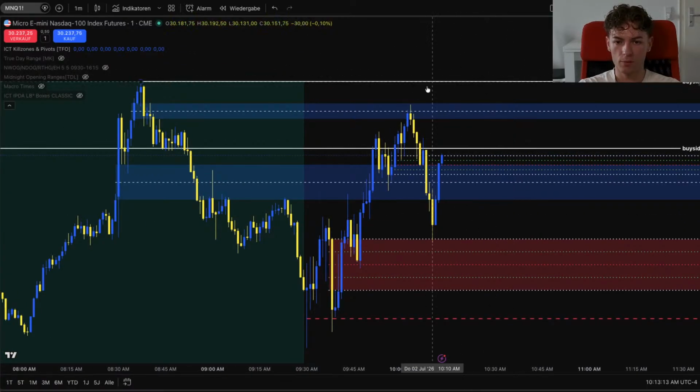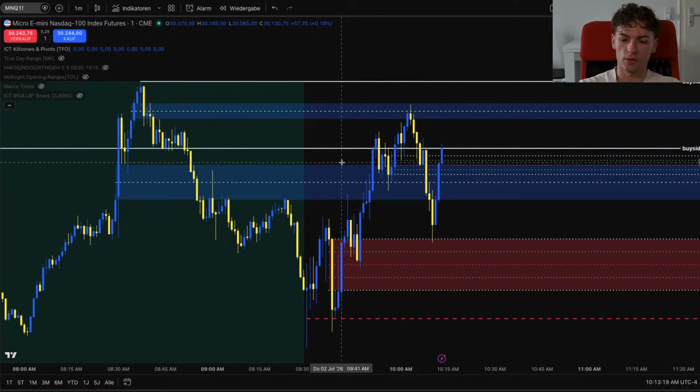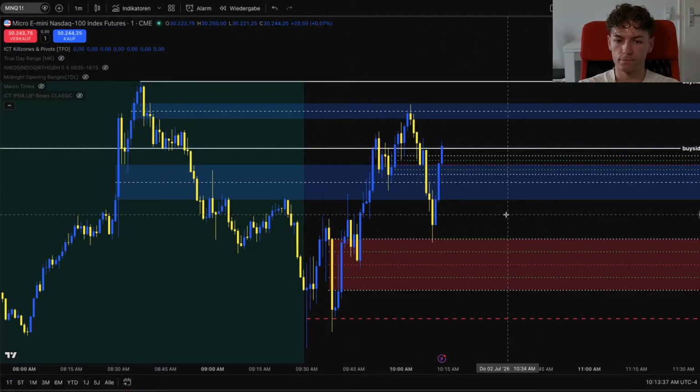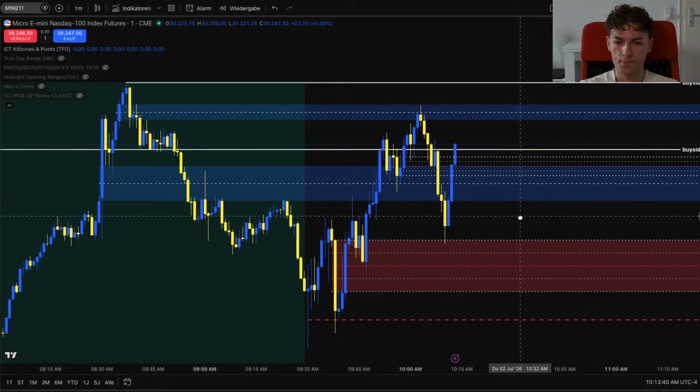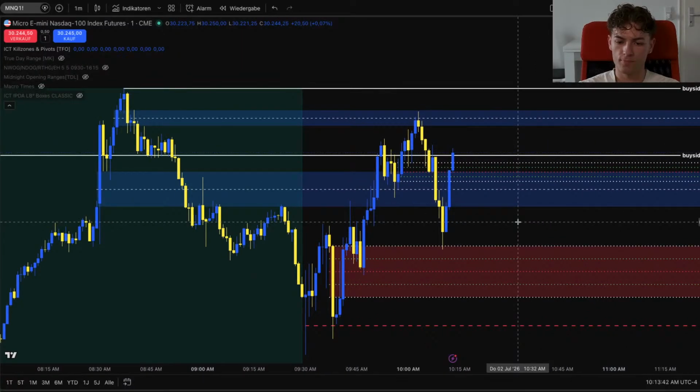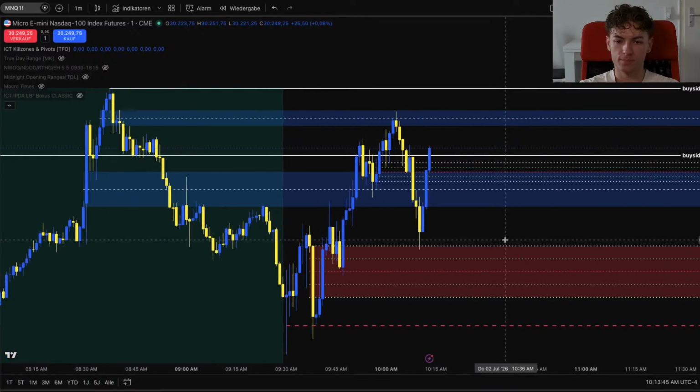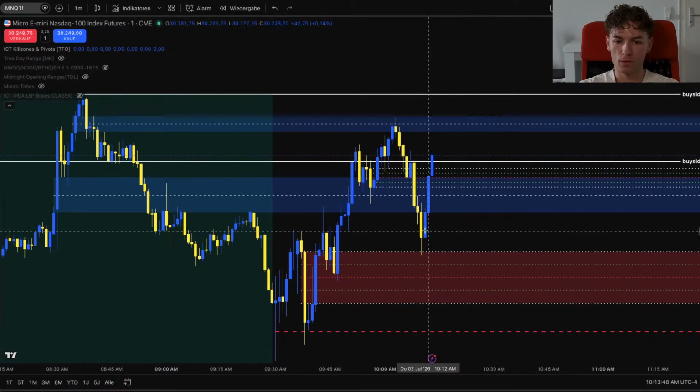Yeah, let's see. I want to see a buy side raid, engineer beautiful relatively equal highs in here. So let's see. Beautiful retracement back into the first presented fair value gap, first presented order block.